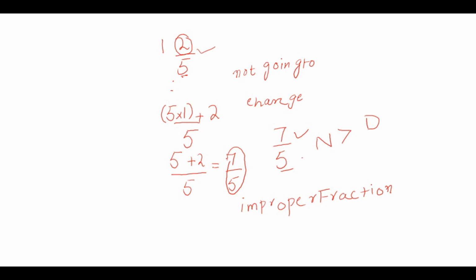Here you can see that 7 is bigger than 5, so this is an improper fraction. Whenever you have an improper fraction, your answer can be written as a mixed fraction.